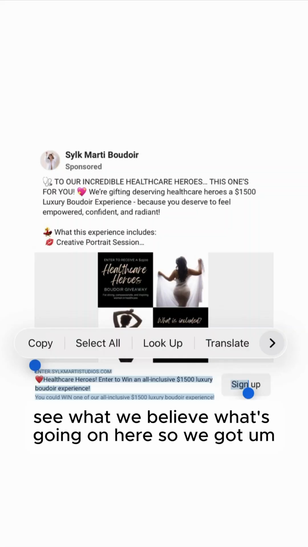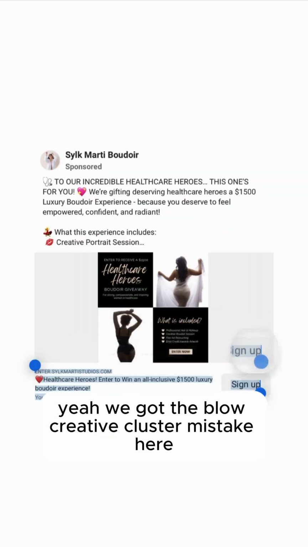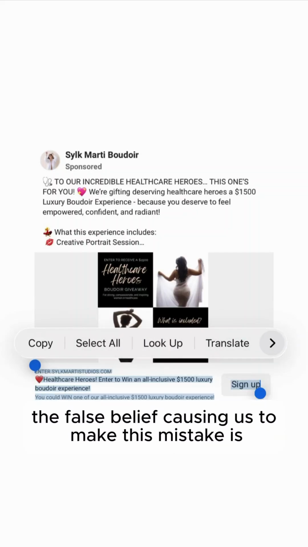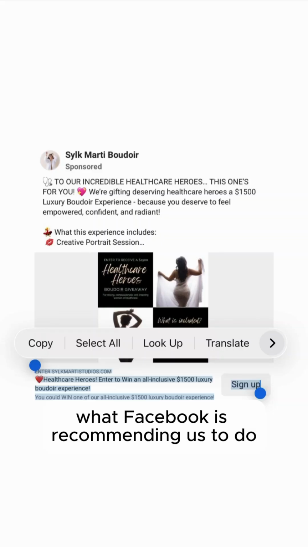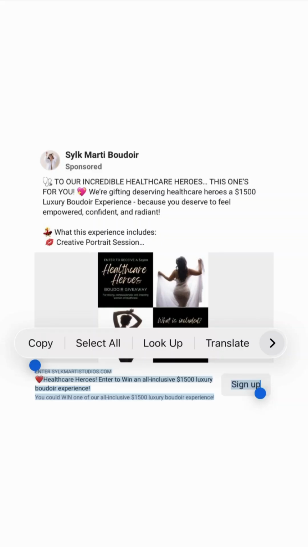So we got the below creative cluster mistake here. The false belief causing us to make this mistake is that we are following what Facebook is recommending us to do.